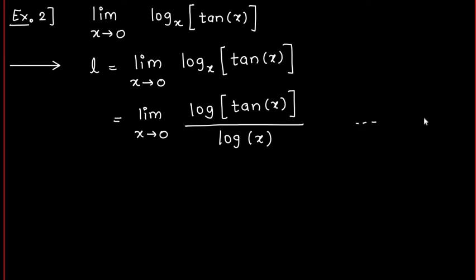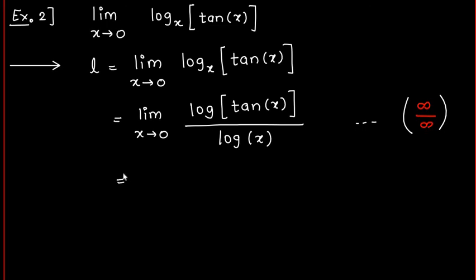If we substitute the limits, as x tends to 0, tan 0 is 0 and log 0 is infinity. The same is the case with log 0 in the denominator, which will tend to infinity. So this is the indeterminate form infinity upon infinity.